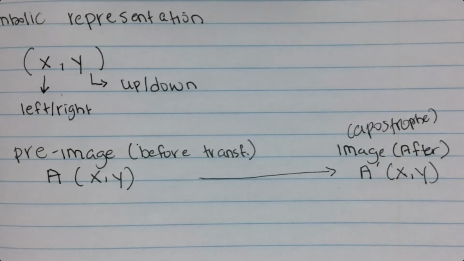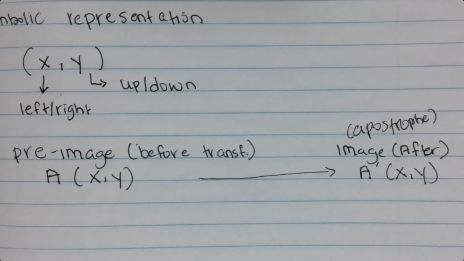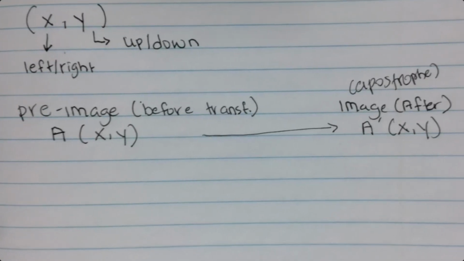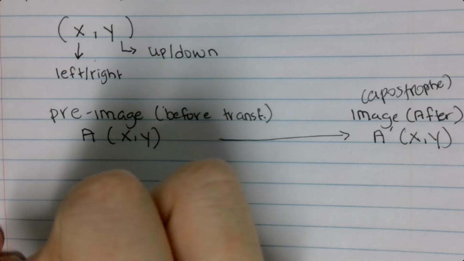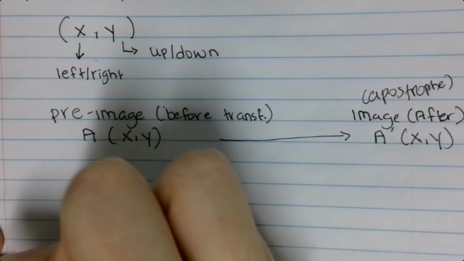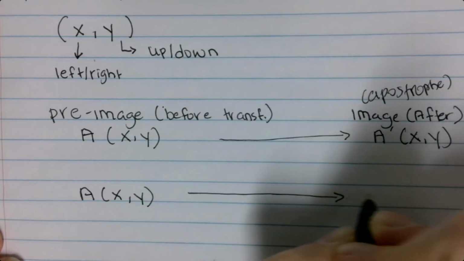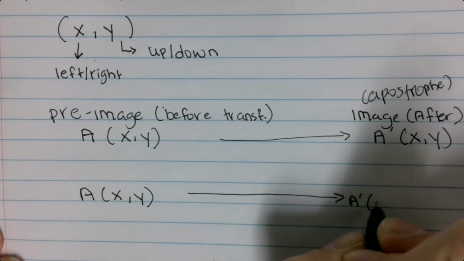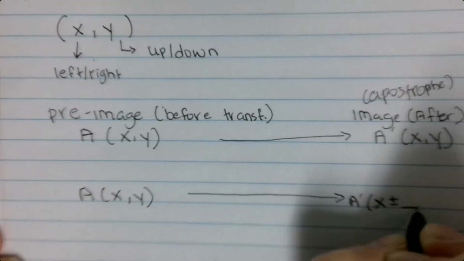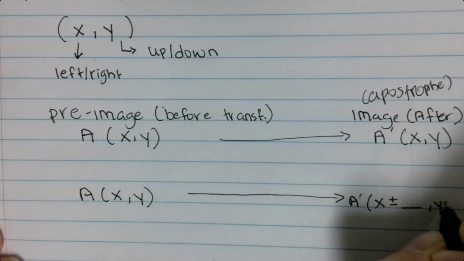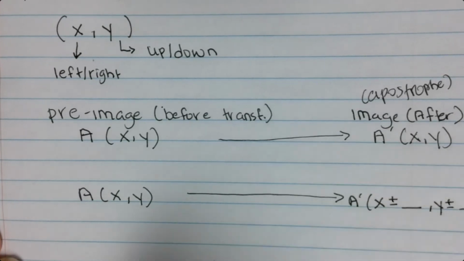So when we're talking about the actual symbolic representation, we are talking about taking that point, x comma y, and changing it to be x plus or minus a number and y plus or minus a number.